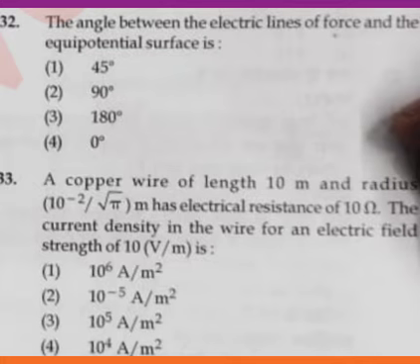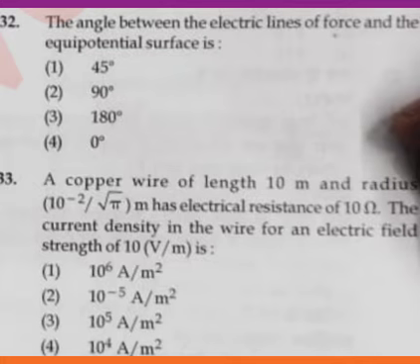Question number 33. A copper wire of length 10 meter and radius 10 raised to power minus 2 by root pi meter has electric resistance of 10 ohm.